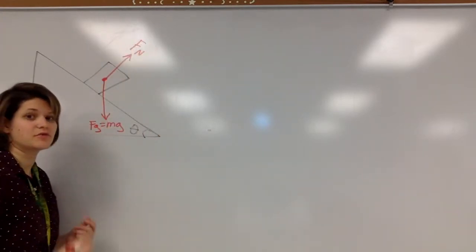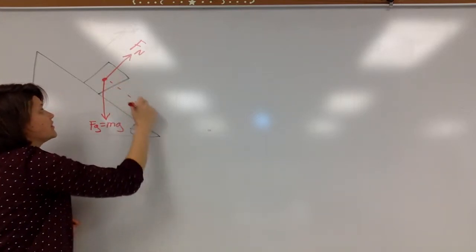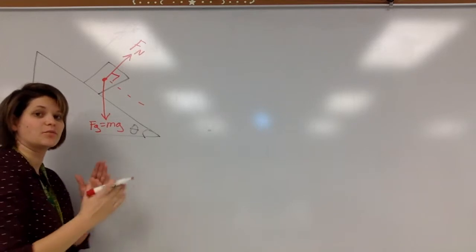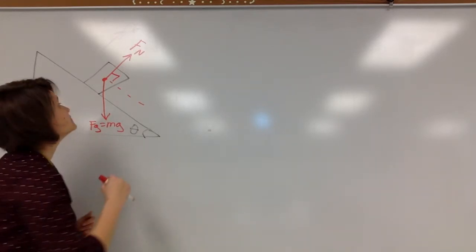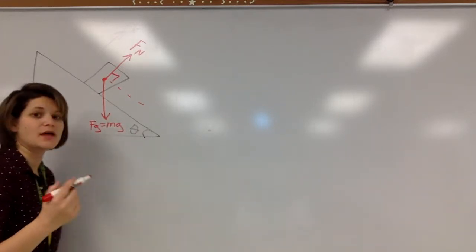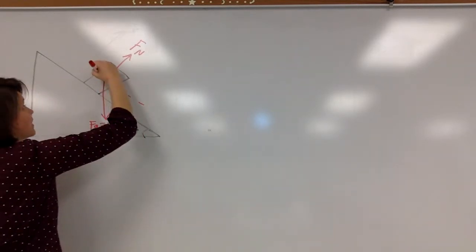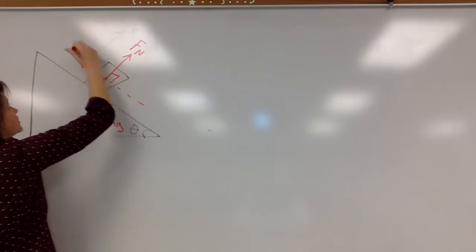And remember, normal force has to be perpendicular to the surface. That's what normal means, perpendicular. Okay? In this example, we're talking about friction, so there also has to be some force of friction.